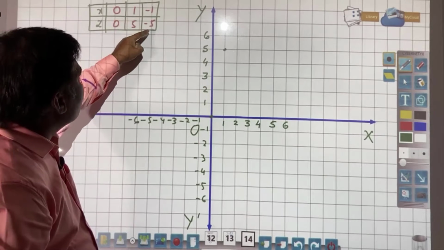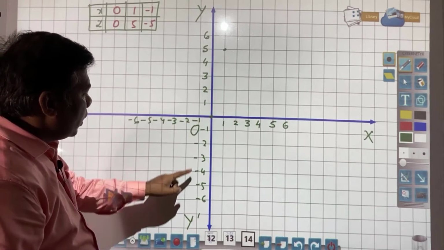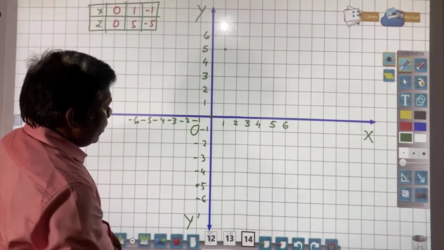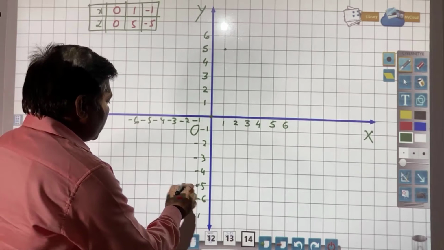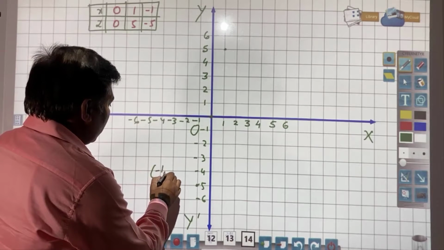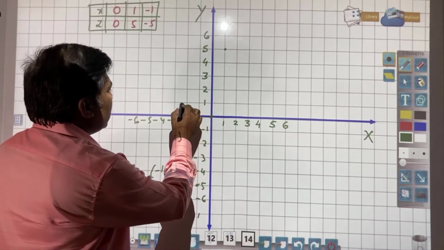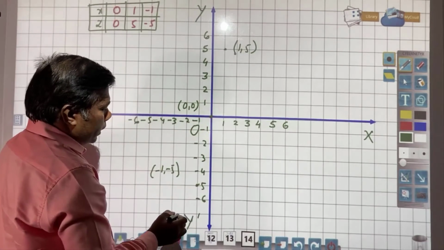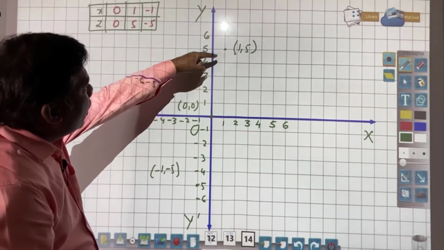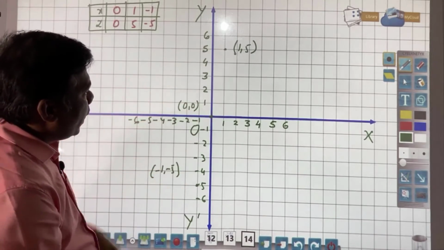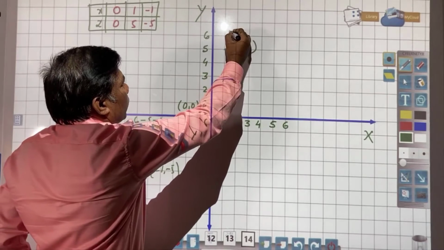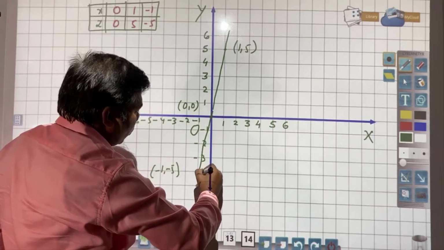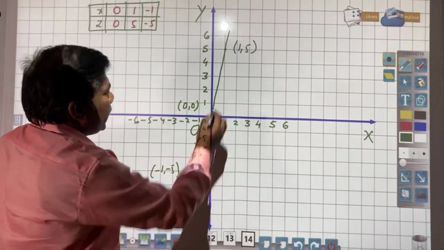And then you have minus 1, minus 5: x is minus 1 and y is minus 5, over here it is. Now these coordinates we need to write down. And this is required to be joined with the help of a ruler, as yesterday also it was told. This is required to be joined by the use of a ruler in proper way. Straight line you will get.